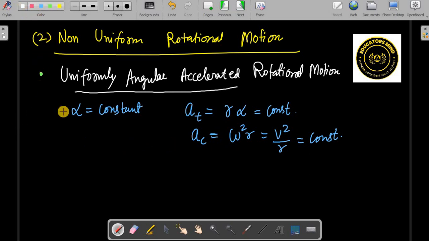Okay, then here you need to note also the equations of motion. So for example, let us say a body is going to rotate in a circular motion, initially its angular velocity is omega naught, and let's say it has rotated through some angular displacement, right? Radius is r. It has rotated by an angle of theta.